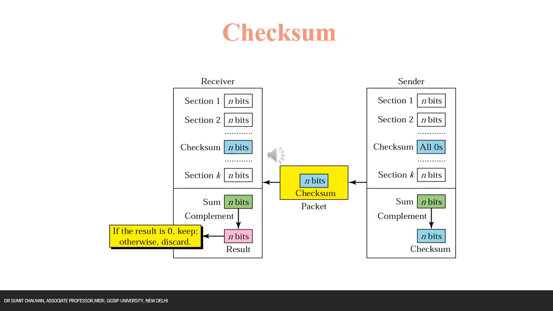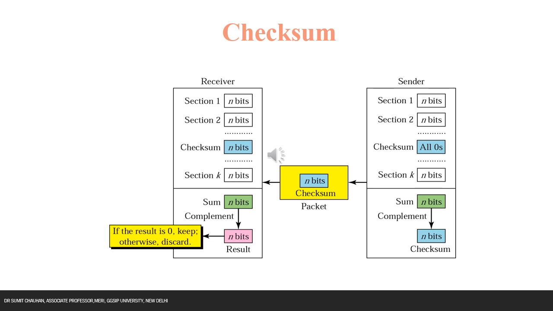Now there is an example of checksum, where you have two sections, section 1 and section 2. If you have a checksum of all zeros, then we take the sum of all those sections and then make a complement of it, and that complement of the sum is actually called the checksum.